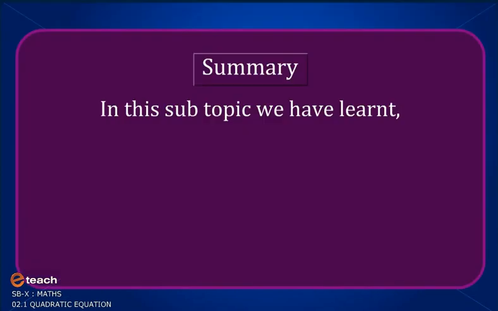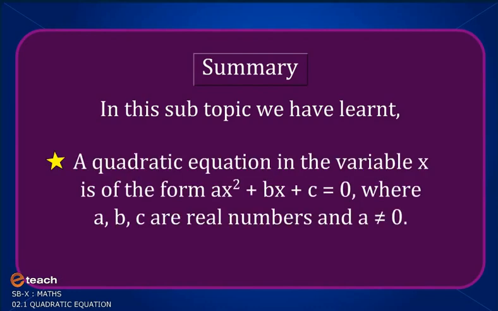Summary. In this subtopic, students, we have learned that a quadratic equation in the variable x is of the form ax squared plus bx plus c is equal to 0, where a, b, c are real numbers and a is not equal to 0.